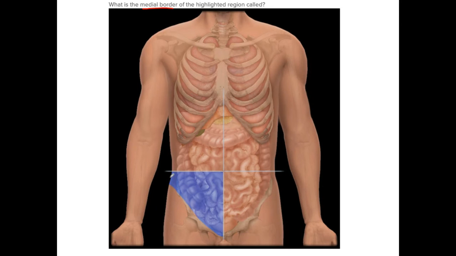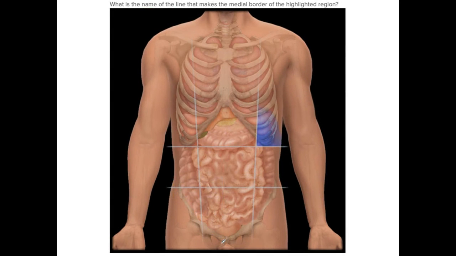That's the key. So here is lateral. This is medial. Now they're asking, what is this called? That's either going to be the mid-sagittal or sagittal plane. Okay, not parasagittal, just mid-sagittal or sagittal plane.